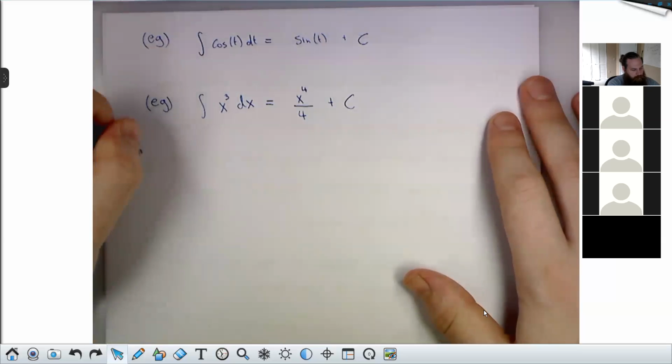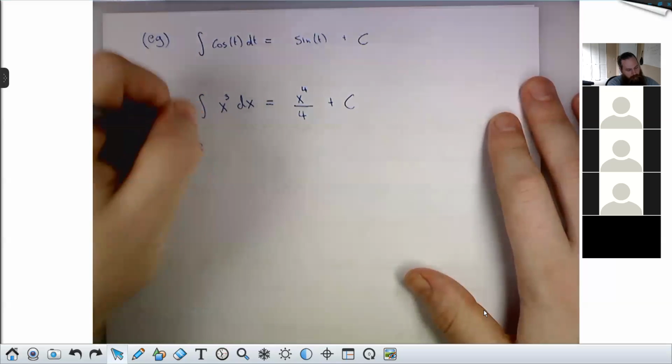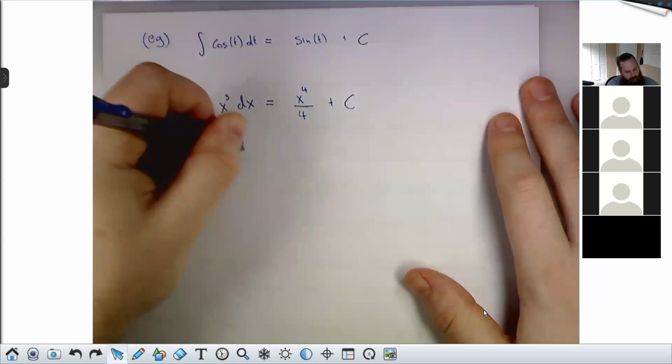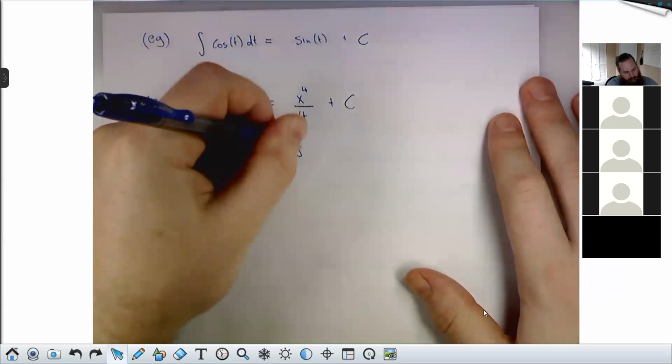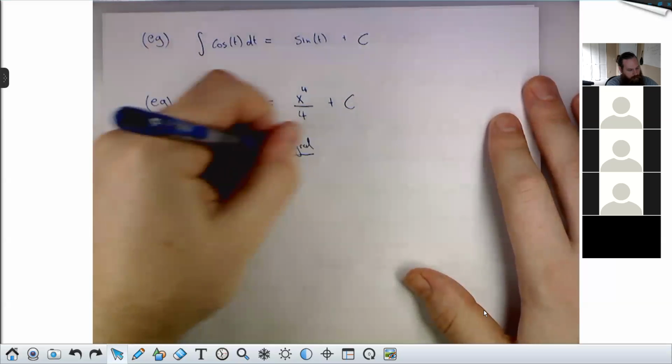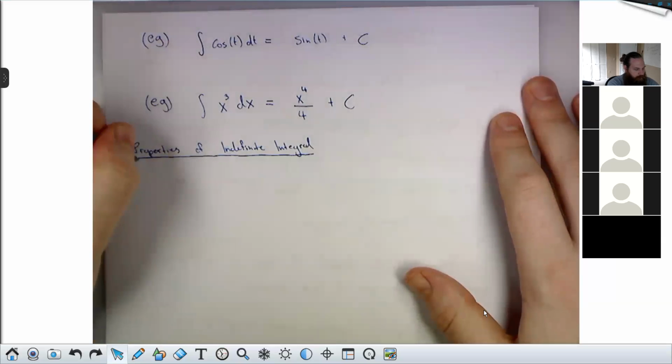Some properties of the indefinite integral include all the properties of the definite integral that don't have to do with the bounds.